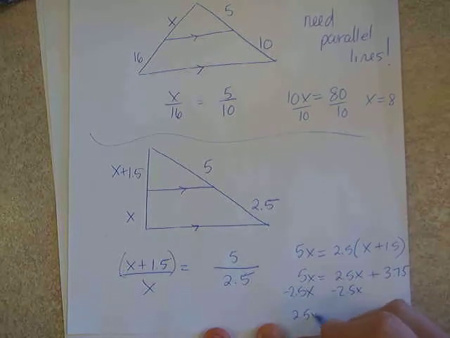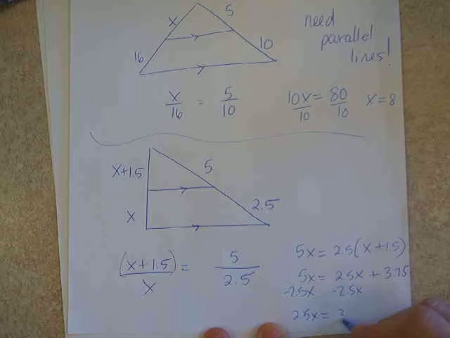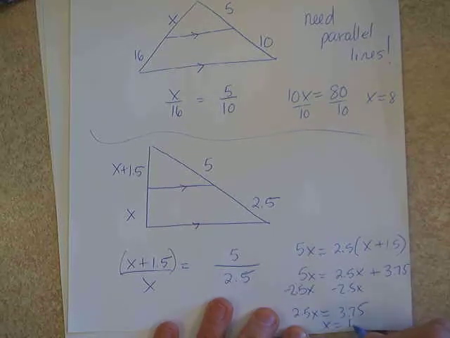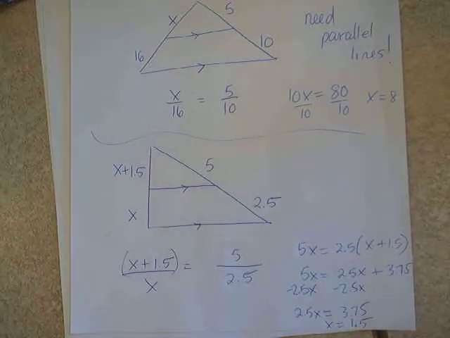Subtract your 2.5x. So we get 2.5x equals 3.75. Divide out 2.5, and x is 1.5.